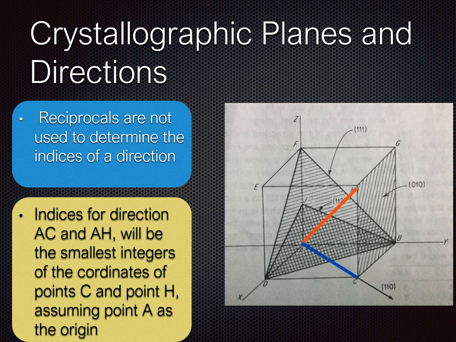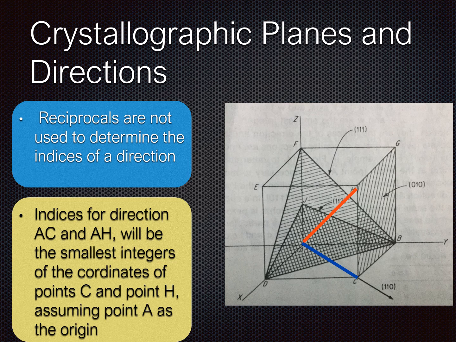Reciprocals are not used to determine indices of a direction. In order to arrive at a point on a given direction, consider that starting at the origin, it is necessary to move a distance u times the unit distance along the x-axis, v times the unit distance along the y-axis, and w times the unit distance along the z-axis.